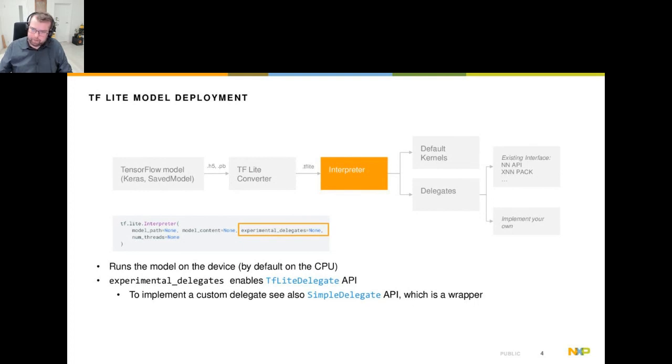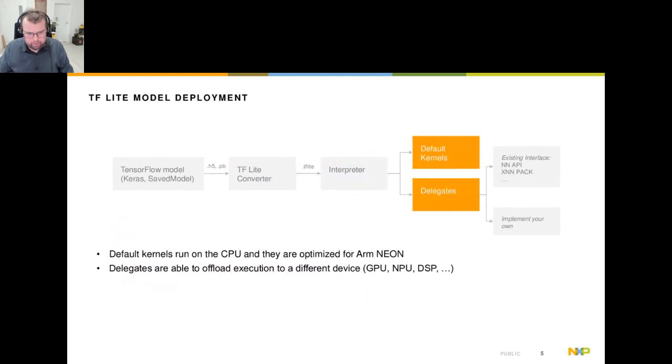And okay, so after we feed our TensorFlow Lite model, which runs inference already on your device, there are two options here for how the interpreter can run the model. It can be either using the default TF Lite implementation, using the default kernels, which are heavily optimized for the ARM Neon instruction sets.